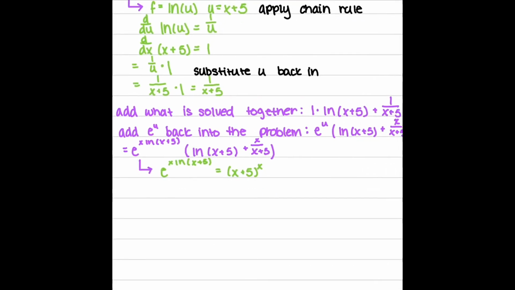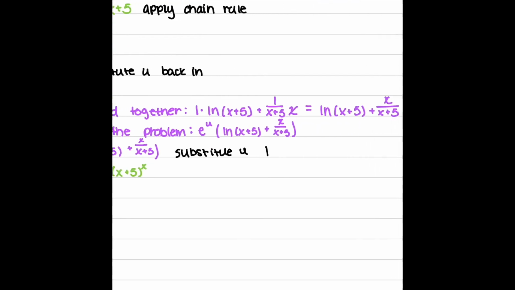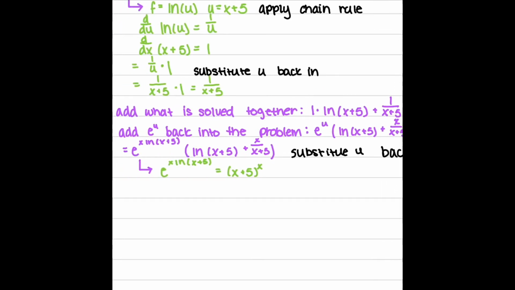And then in case you guys were confused, I'm just going to put up here, substitute u in for the e to the u. Alright, so then we basically have our final answer when we put everything together after we substituted e to the u to x plus 5 raised to the x.